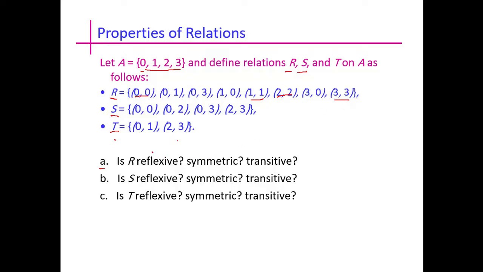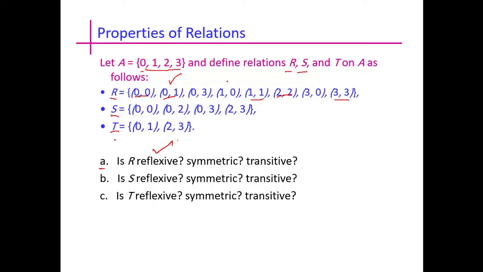For reflexiveness we have checked this set R, and for symmetric we know that if (a,b) is in R, then (b,a) must be in R. So 0 is related to 0 and vice versa. Now we check for (0,1). We should see whether (1,0) is present or not.